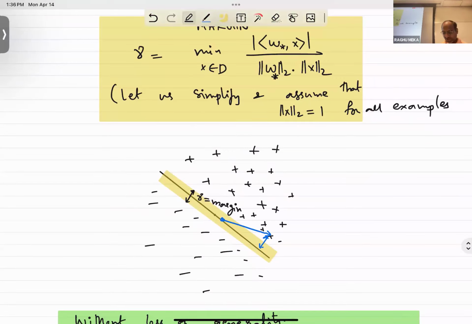Okay, so you're right. Maybe if I take this line, for example, that's also giving me a separator, but it does not have a margin. Now there is no gap, right? But as long as there exists one which is good, we will only make a finite number of mistakes, right?